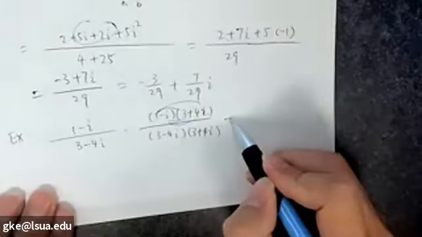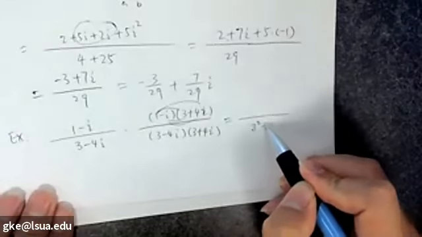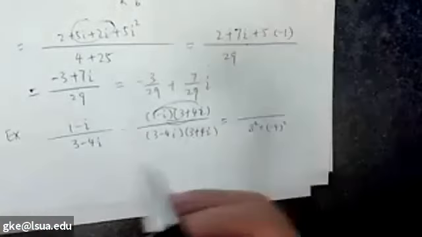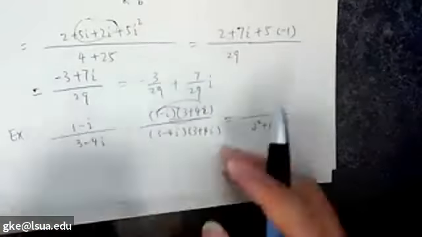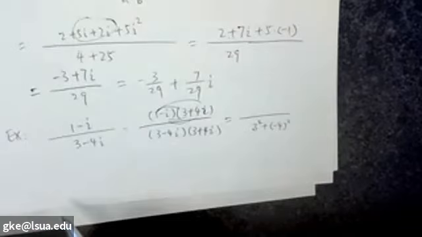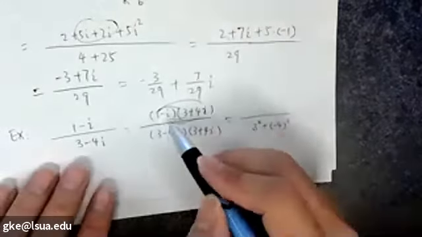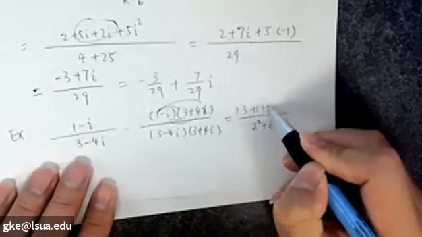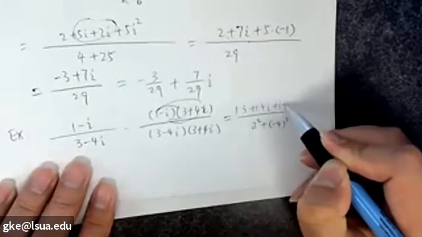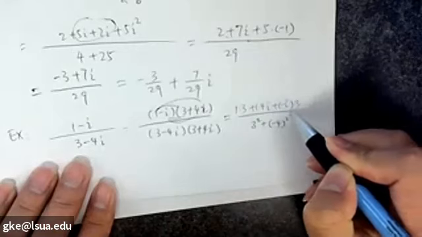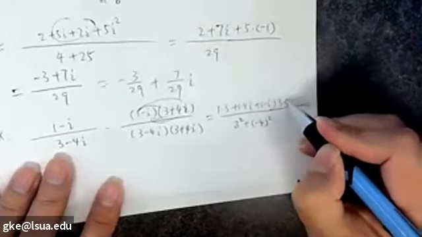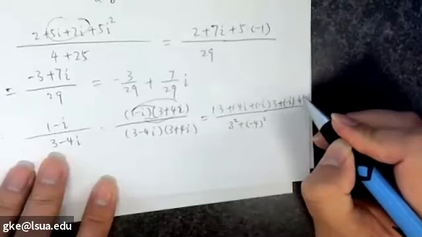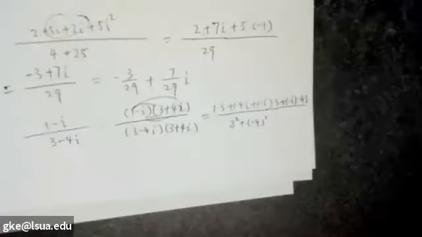For the denominator, it will be 3 squared plus 4 squared. Just write down the formula: a squared plus b squared. And 1 times 3, 1 times 4i, negative i times 3, negative i times 4i. Distribution.